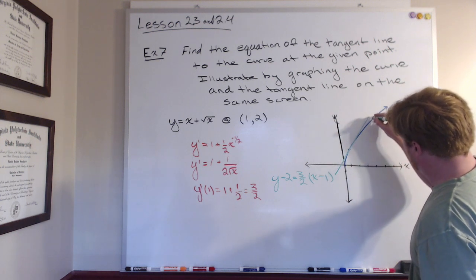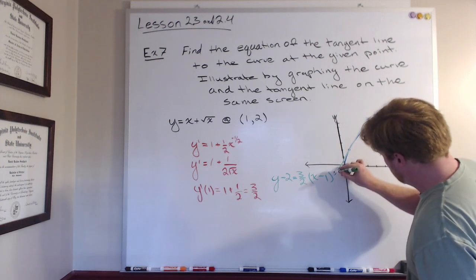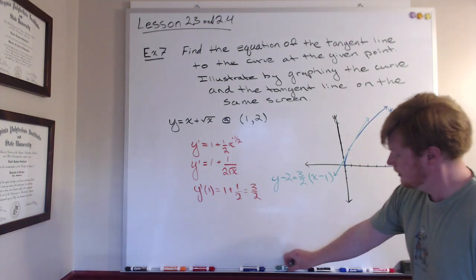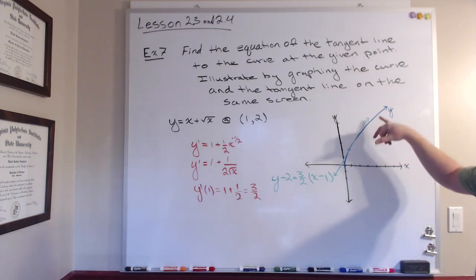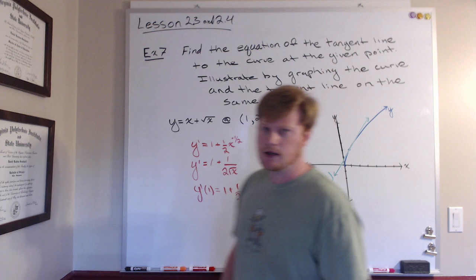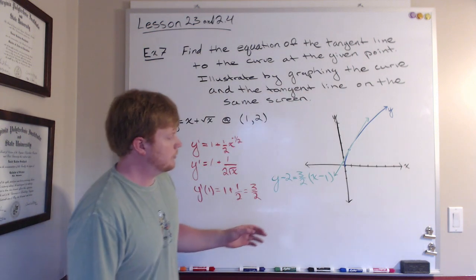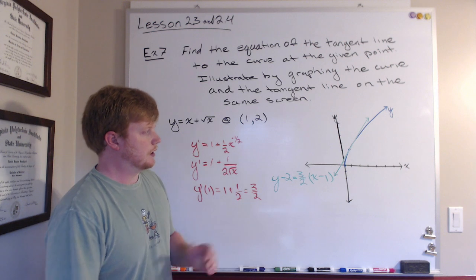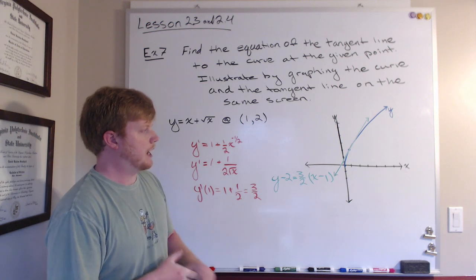Sort of like that. Okay. So as you can tell, my line is somewhat tangent to the curve. And if you were to graph this on your own graphing calculator at home, you would see an even more obvious result.